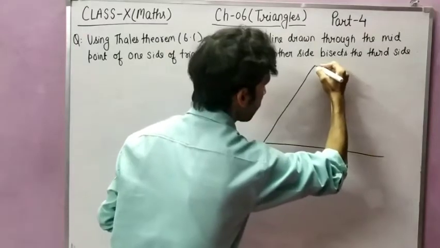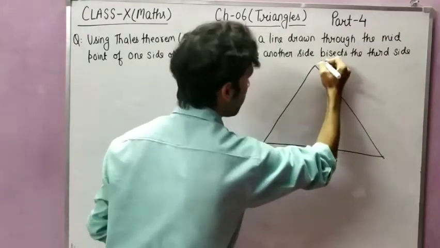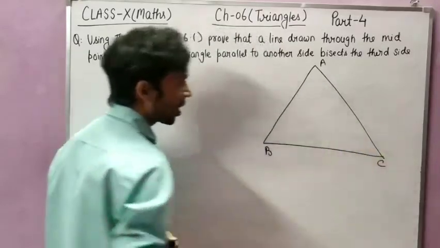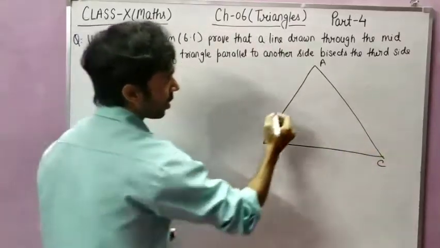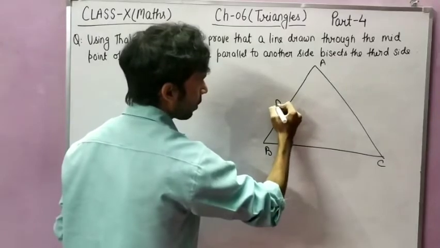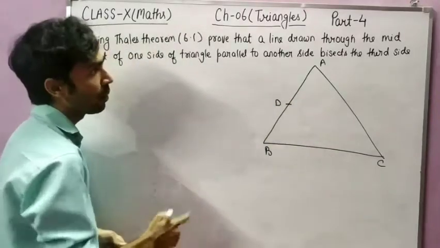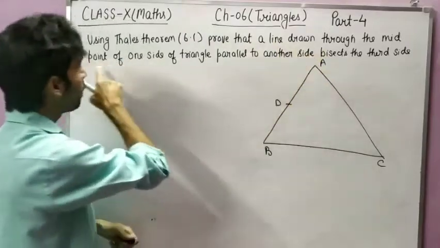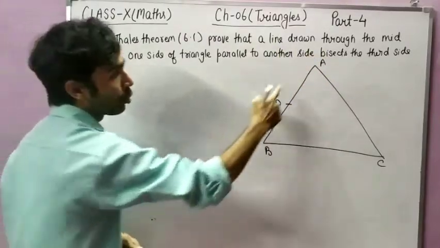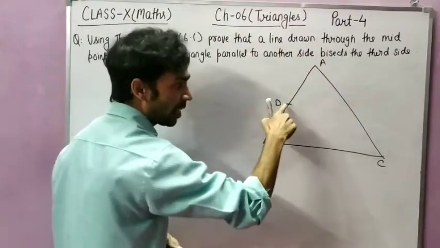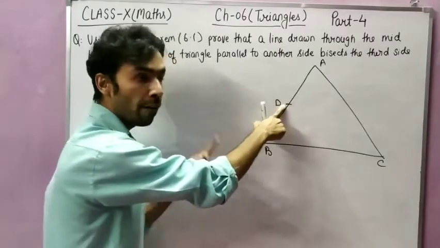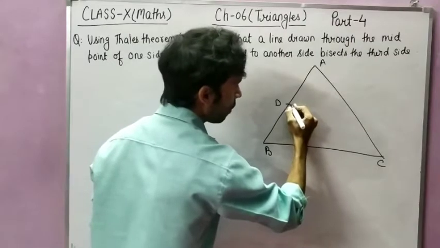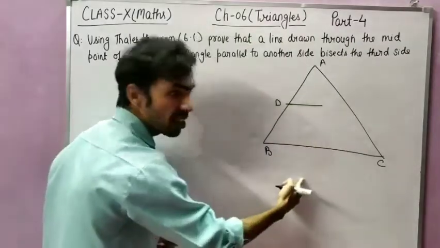Suppose it is a triangle ABC. Suppose D is the midpoint of AB. So according to the statement, a line is drawn through the midpoint of one side of the triangle, so the triangle is ABC and D is the midpoint of one side, and one line is drawn which is parallel to another side.